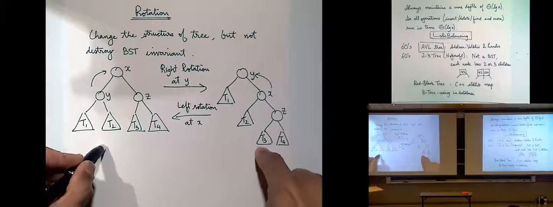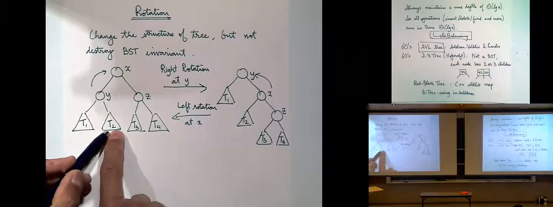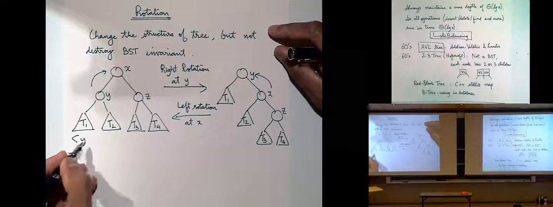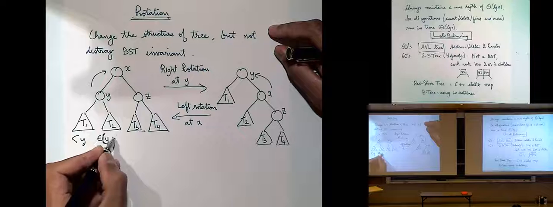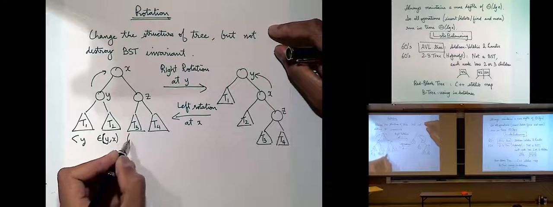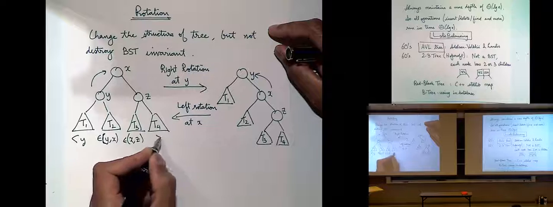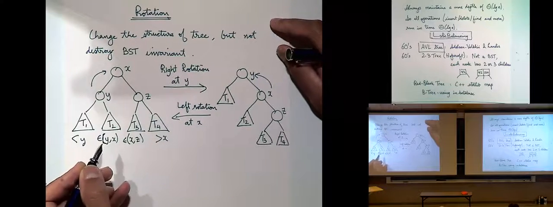The BST property is still maintained. Why? So think about what's here: T2 is less than Y. What is here is everything in between Y and X. What's in T3? Everything between X and Z, and T4 is everything greater than Z. Right? Yeah?